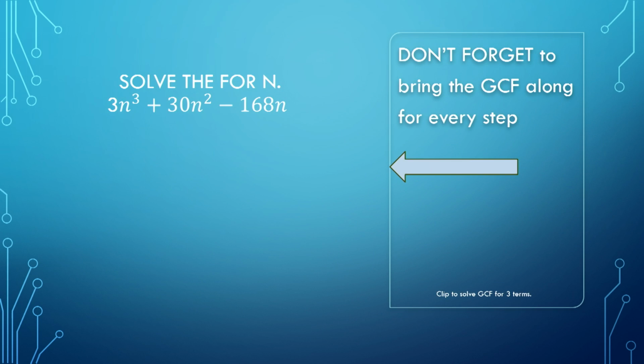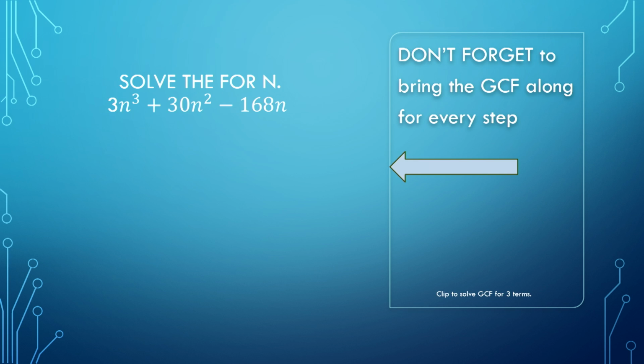It says solve for n. Don't forget to bring the GCF along for every step. So let's go ahead and dive into this problem. I see my 3 terms, and the first thing I'm going to do is see if I have a greatest common factor in these terms, knowing that I always start with my numbers.